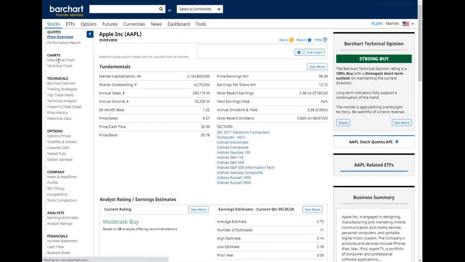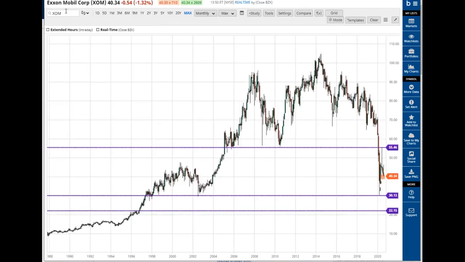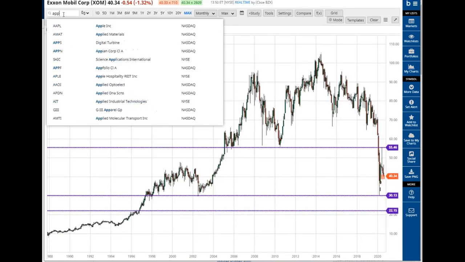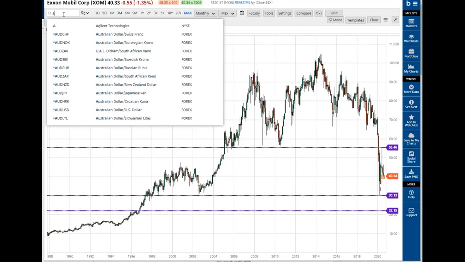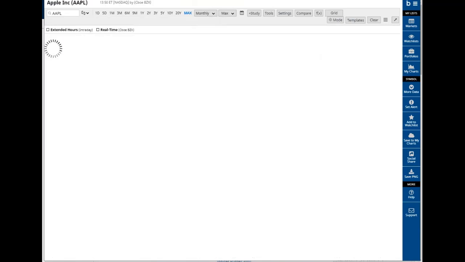Okay. So let's go to our dashboard. We'll change our dashboard to Apple as well. That would help too. APP. Oh, I always do that. I think that's because that's how Apple is spelled, APP.